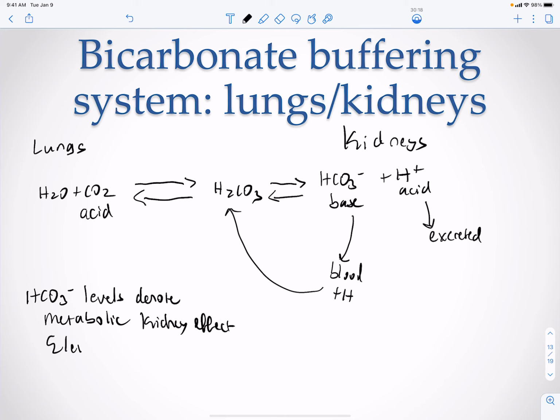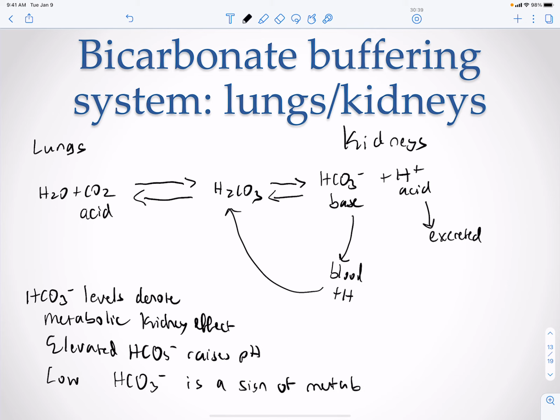So elevated bicarbonate raises pH, and then low bicarbonate is a sign of metabolic acidosis. And so metabolic acidosis can be caused by many things.